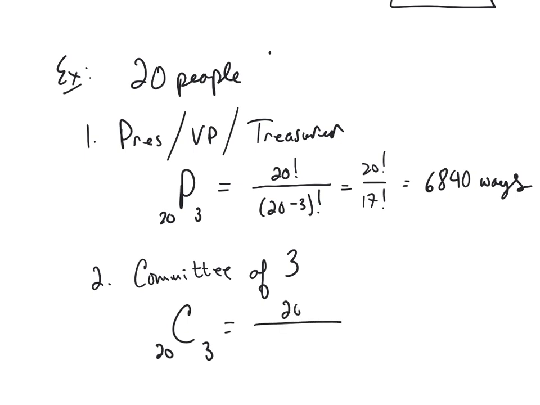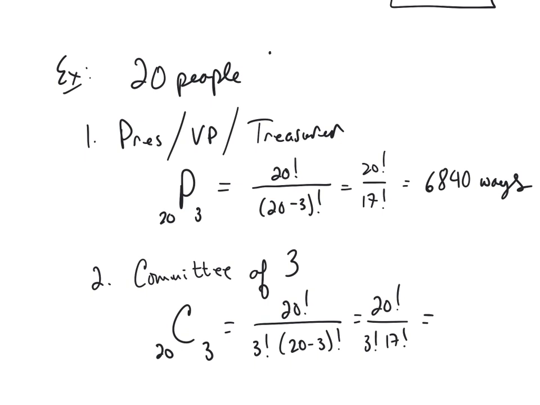And to do the calculation, that's going to be the total number factorial divided by the number at a time factorial multiplied by the difference factorial. So we end up with 20 factorial over 3 factorial, 17 factorial.